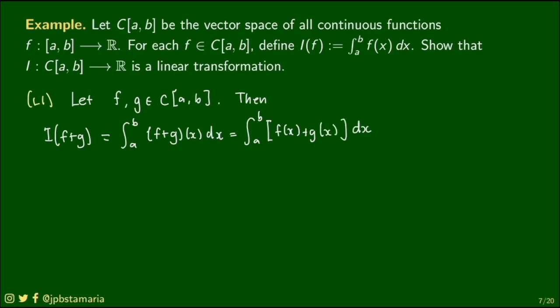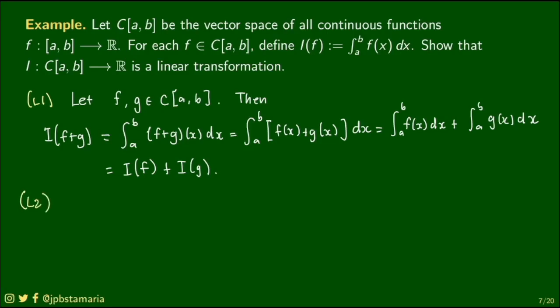We know from calculus that this integral has the following property: the integral of the sum of two functions is the sum of the integrals. And therefore, this transforms to I of f plus I of g, proving that I satisfies equation L1.